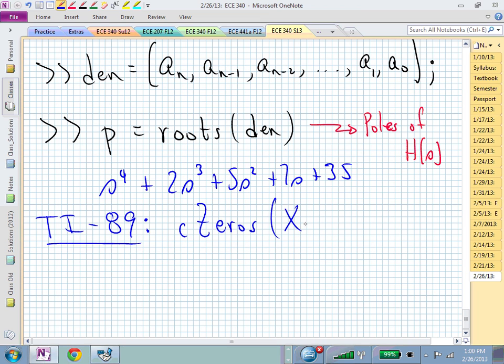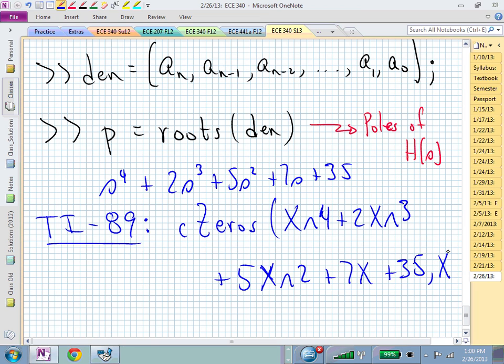You could then just say X raised to the fourth, or caret 4, plus 2X caret 3, plus 5X caret 2, plus 7x plus 35, and then you're telling it that x is your variable of interest, and that will then find the roots of that particular fourth order.